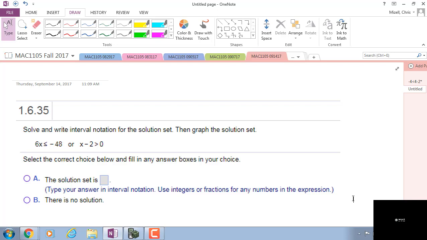We can find a number that satisfies one of these, but it doesn't satisfy the other one. Would that be a valid solution to this mathematical statement? It's possible. There could be a number that satisfies one of these but does not satisfy the other. If it's a good solution to one of these inequalities, would it be a good solution to the statement 6x is less than or equal to -48, or x minus 2 is greater than 0?